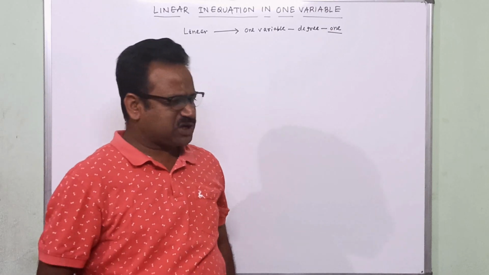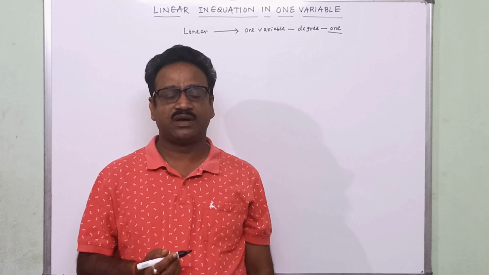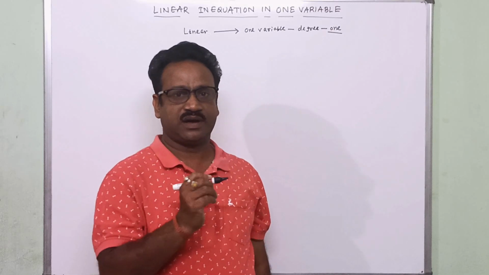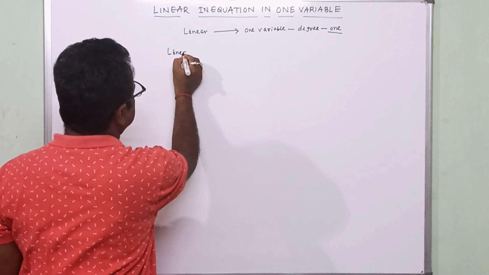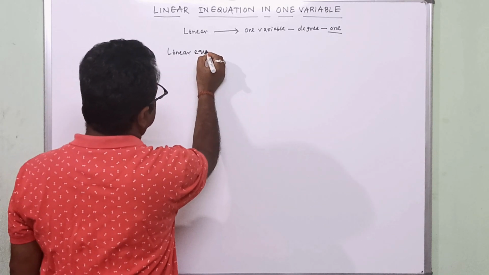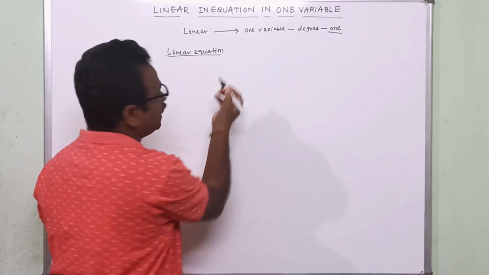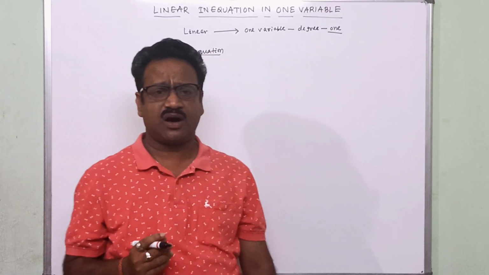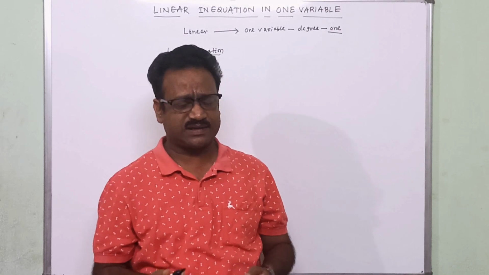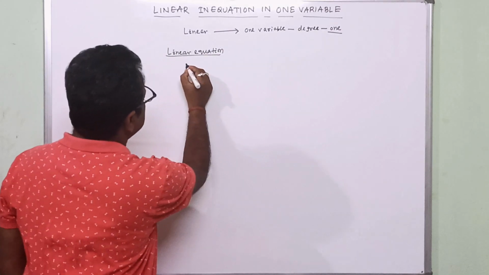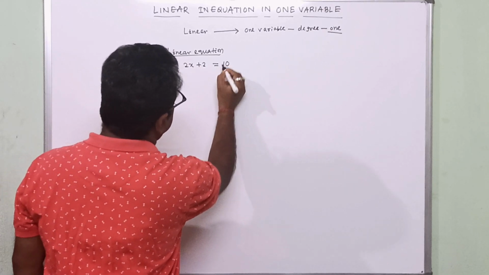Now, first of all, from class 6 onwards, we know about linear equation. Linear equation is of one variable and it has an LHS and an RHS. For example, let's say 2x plus 2 is equal to 10.